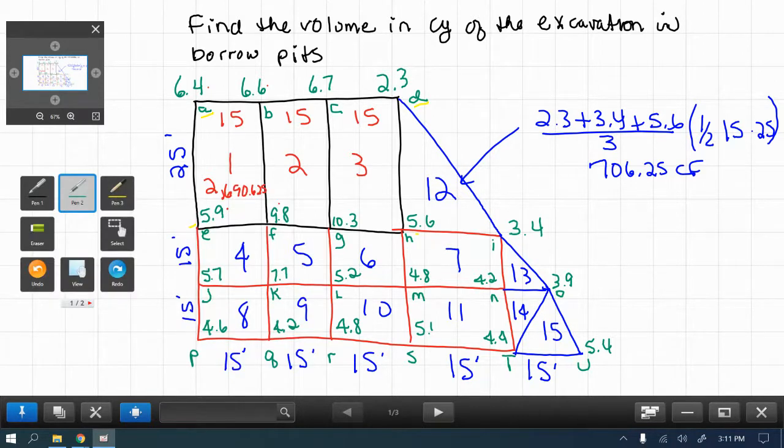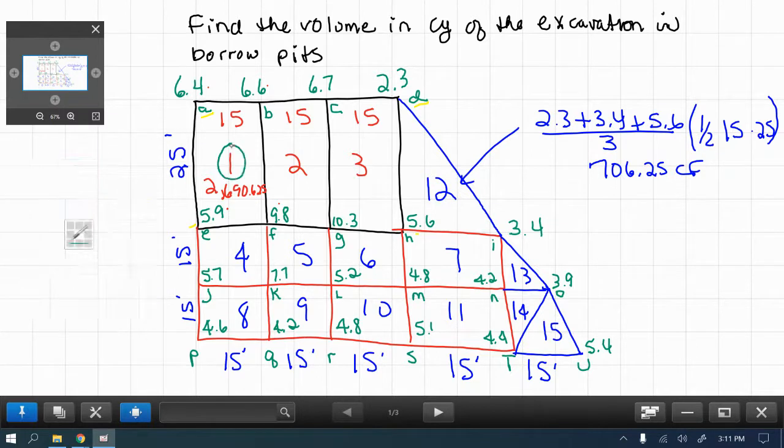So actually this 6.6, it touches the 1 and the 2. So I need to add it in twice. And then whenever I go to the 6.7 number, it touches 2 and 3. So I have to add that in twice. Now 2.3, because I'm not concerned with the triangle, it's only going to be one time because it only touches 3.